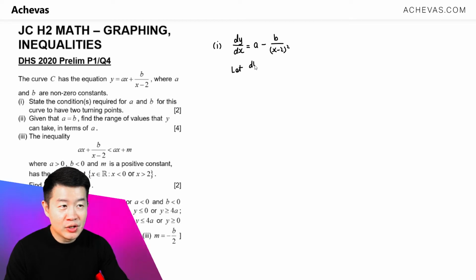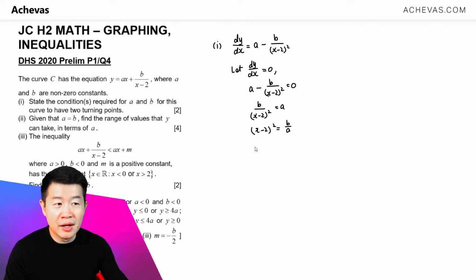A stationary point will be when dy dx is equal to 0. So we are going to let dy dx be equal to 0, which means that we will get a minus b over x minus 2 squared to be equal to 0. So b over x minus 2 squared is going to be equal to a, so x minus 2 squared will be b over a.